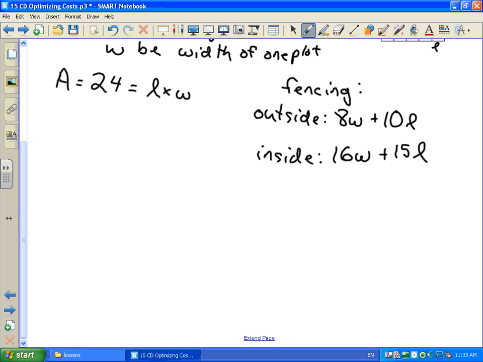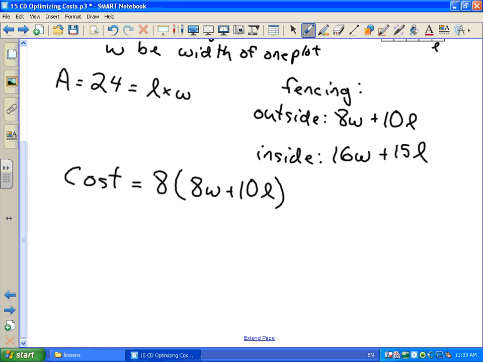We can use this to get our cost function. How much does the fencing around the outside cost? Well, the outside stuff costs $8 per meter. So we'll have 8 times the amount of fencing that we need: 8 times (8W plus 10L).